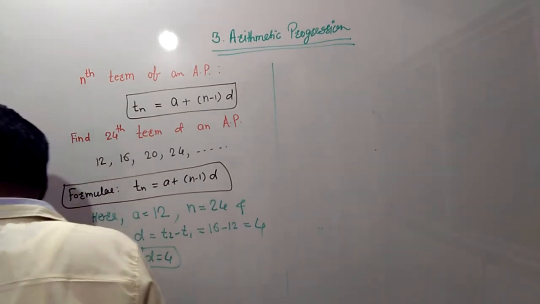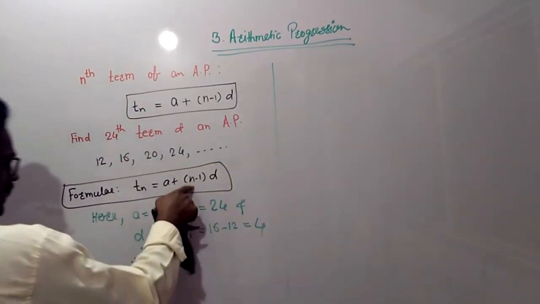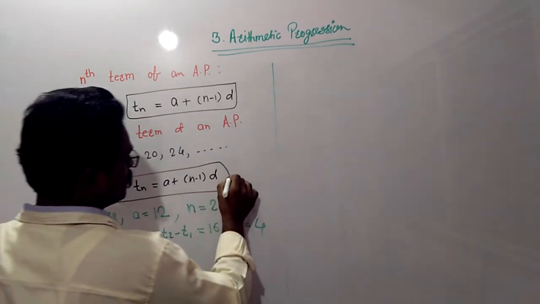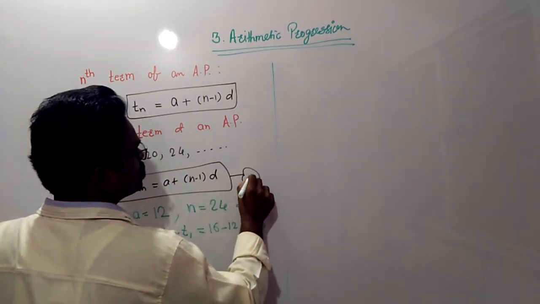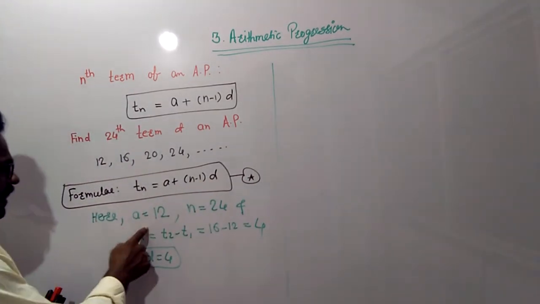Now we'll substitute all these values in this equation. Let's say this is your equation number star, which is the main formula. Now let's put all these values in equation star.